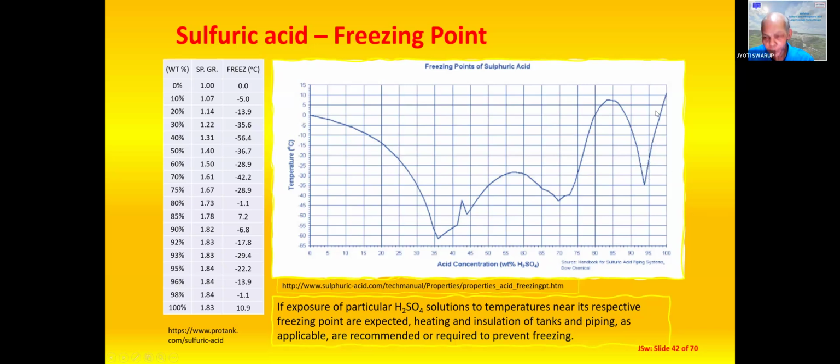If you see, it goes up and down, with all kinds of random behavior, and we have to make sure that if there is a chance of freezing of the liquid in the tank, then you have to provide heaters in the tanks. Heating and insulation of tanks and piping, as applicable, are recommended or required to prevent freezing of the sulfuric acid, depending on the concentration and the freezing point curve that is shown here.